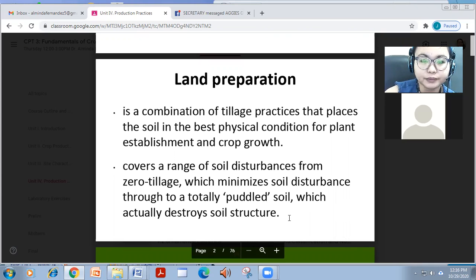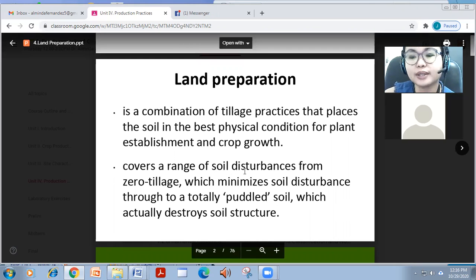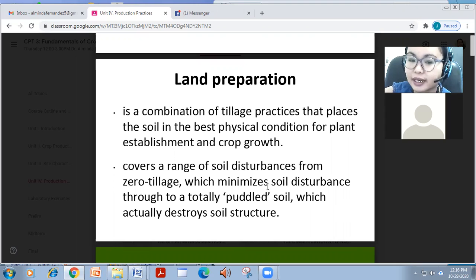We call it soil disturbance because you are actually disturbing the soil, not only the soil structure, the form and the chemistry, because as you all know, there are a lot of living organisms in the soil.